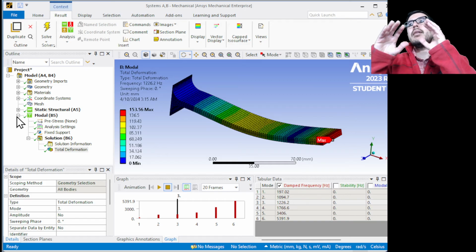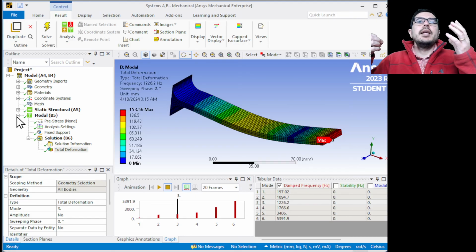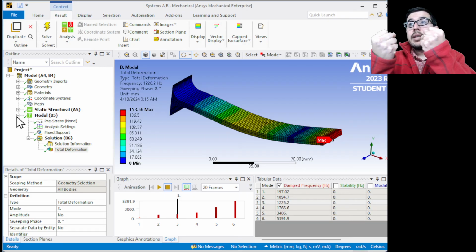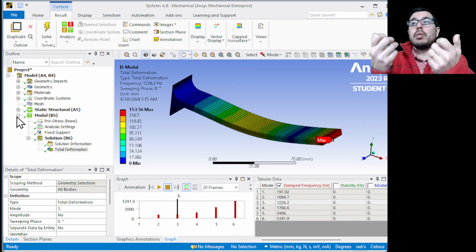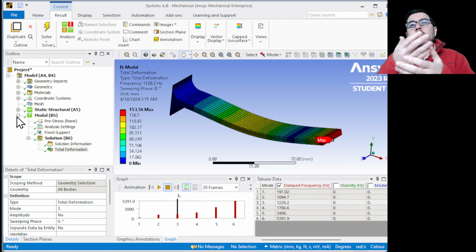So often, when you're trying to understand how a structure responds to frequency, you're not just going to apply one frequency at a specific resonant mode. What you'll have is a range of frequencies that are hitting the system.